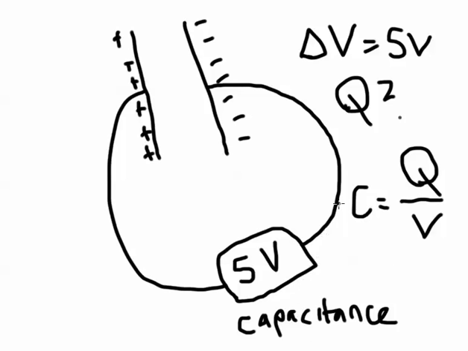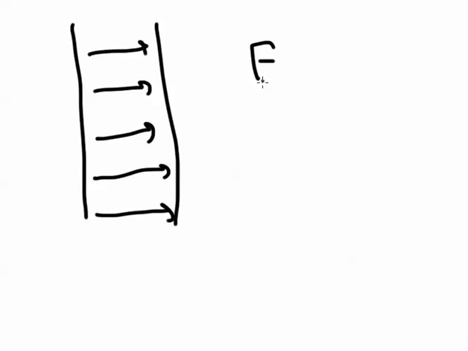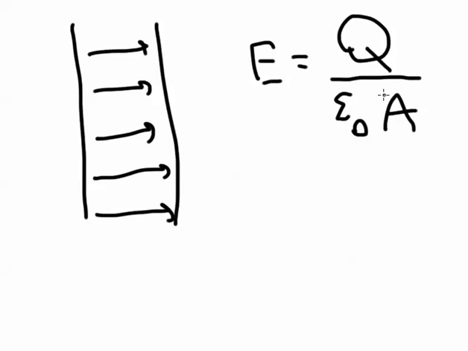So now let's do a calculation to find out how much charge can be stored on a capacitor, given some basic information about it, like its area. So we know that in a capacitor there's an electric field, and we know the formula for the electric field is the charge on one of the plates divided by epsilon naught, which is a constant, times A, the area of the plates.